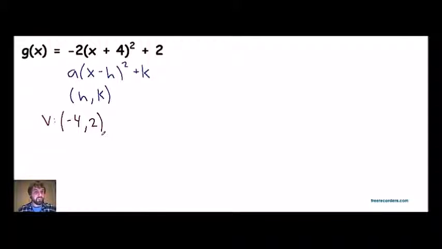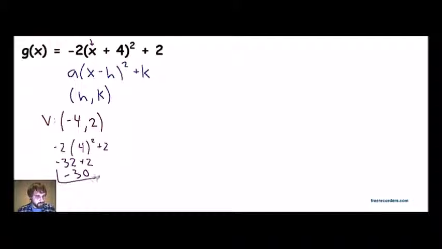Okay, how do I find my y-intercept? Exact same way we've done it before. Plug in 0. When you do that, you see that you've got negative 2 times 4 squared plus 2. So we're going to end up with 16 times negative 2 is negative 32 plus 2. That'll bring us back to negative 30.